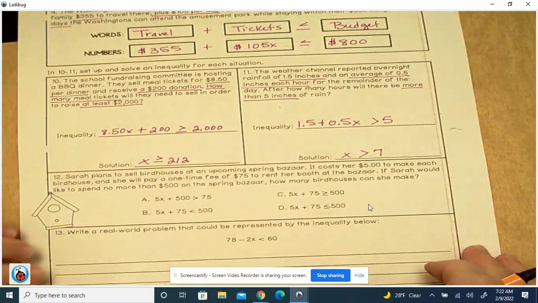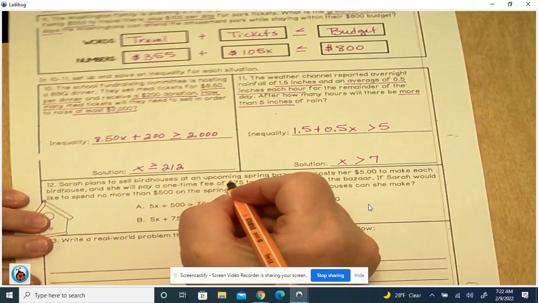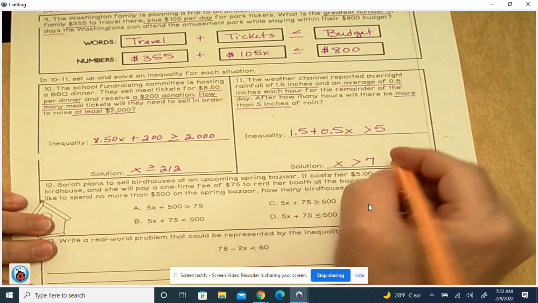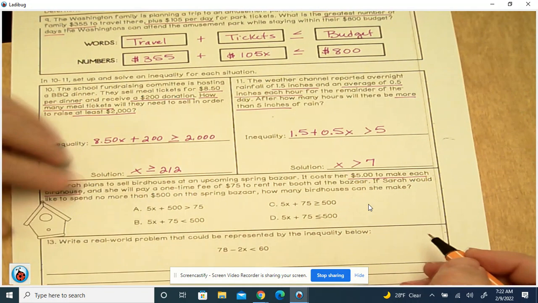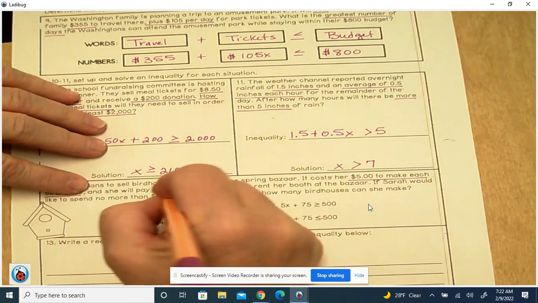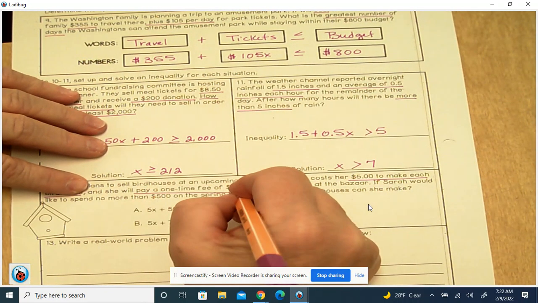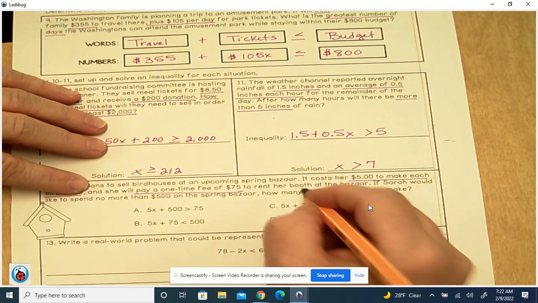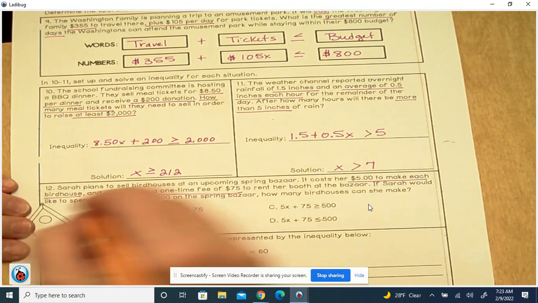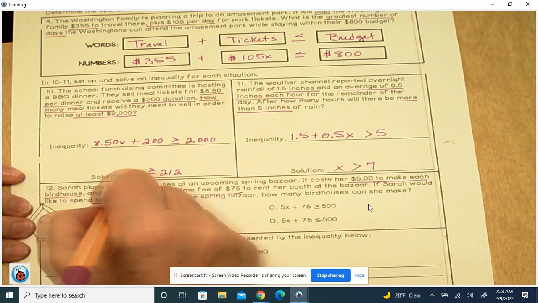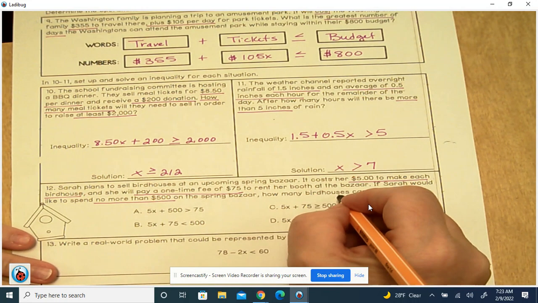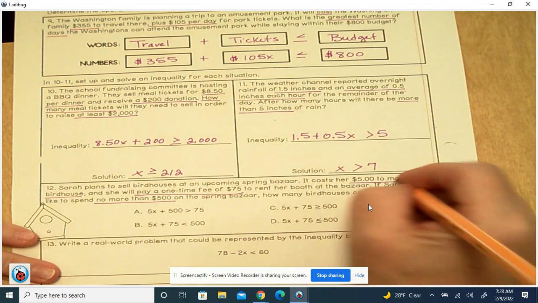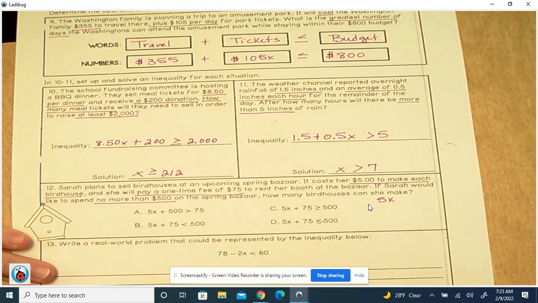All right. Sarah plans to sell birdhouses at an upcoming spring bazaar. It costs her $5 to make each birdhouse. And she will pay a one-time fee of $75 to rent the booth at the bazaar. If Sarah would like to spend no more than $500 on the spring bazaar, how many birdhouses? So that tells you that we're looking at 5x for birdhouses.